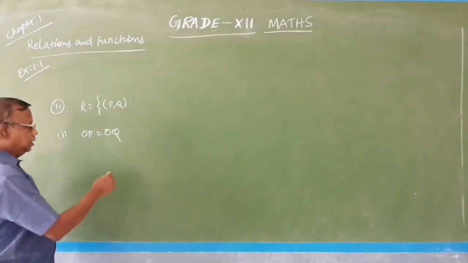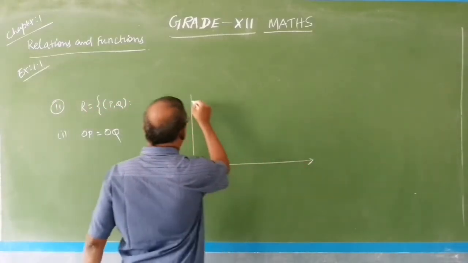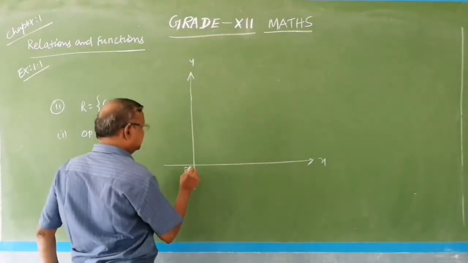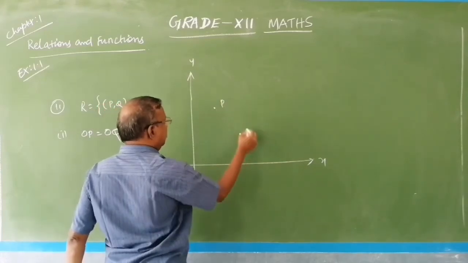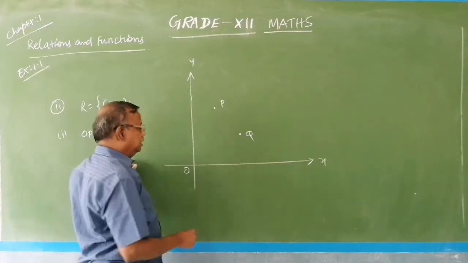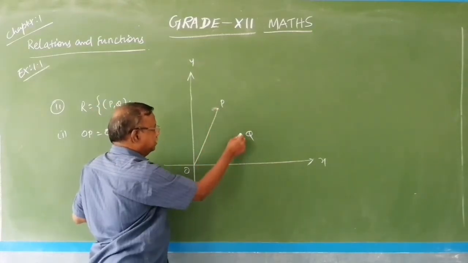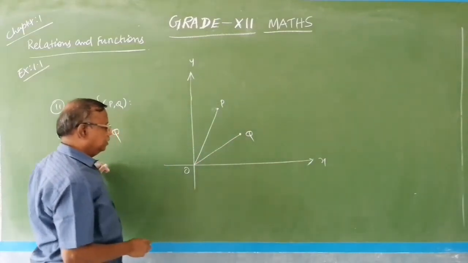Now consider a plane. This is the origin. Let P and Q be any 2 points which are equidistant from the origin. Just for example, I tell you.